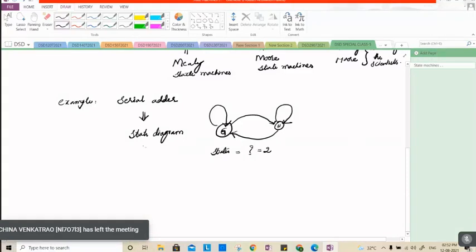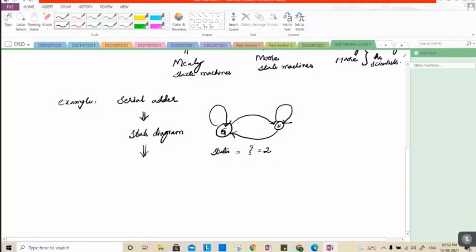Now what we have done is, in this state diagram, output is a function of present state plus present input, both. After that, we have converted the above such that there will be G0 and G1 and H0 and H1.